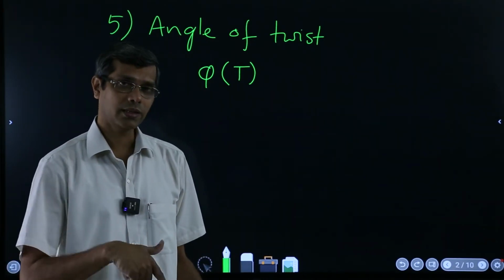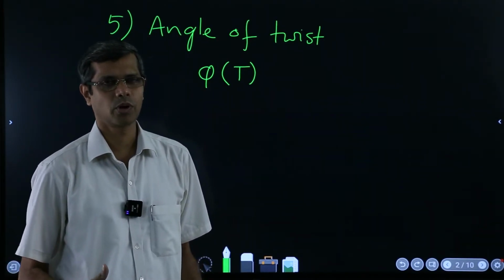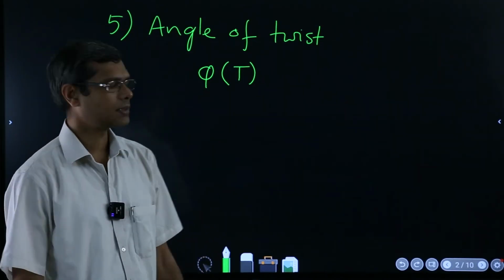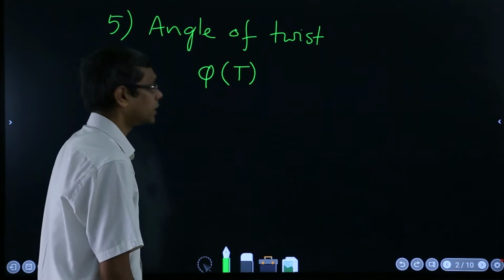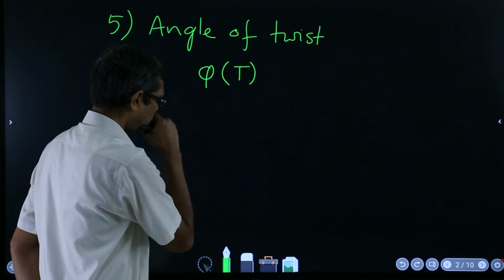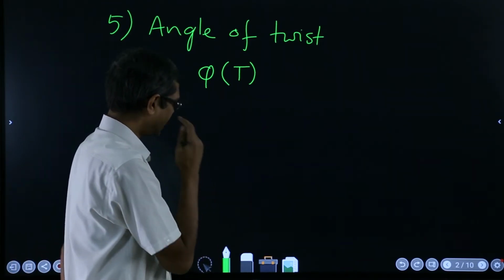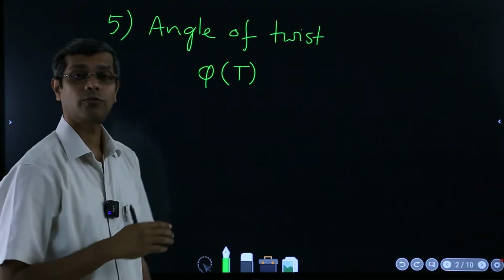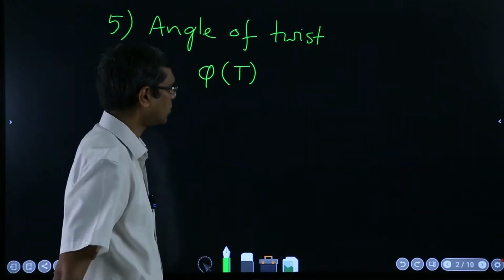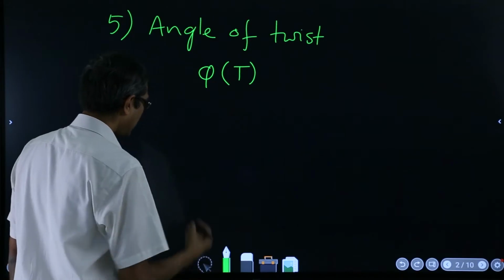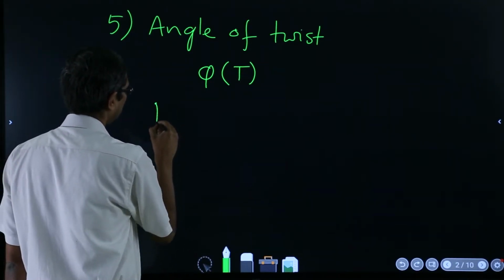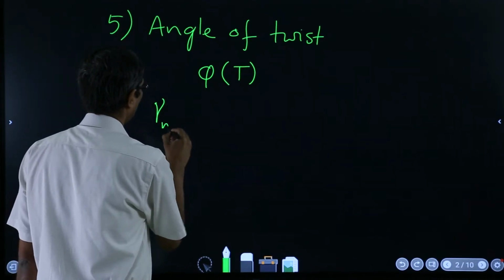Another equally important question is what angle of twist gets developed under a torque of T. So we have to get this dependence of the angle of twist on the applied torque T. To get that, we will start with the expression for gamma max.